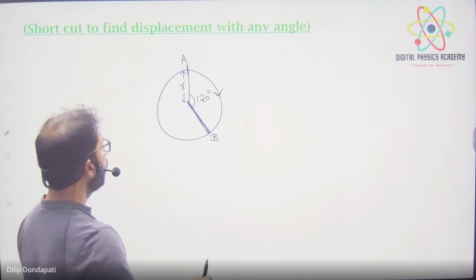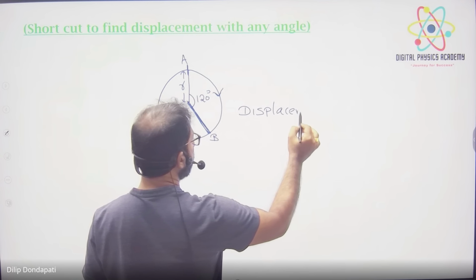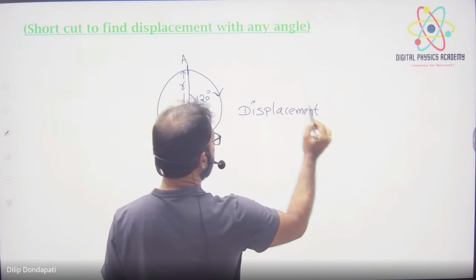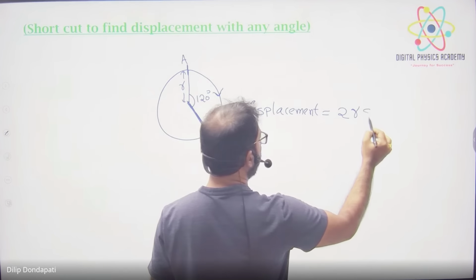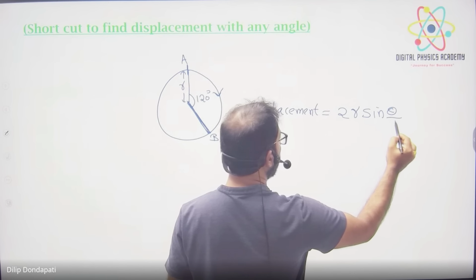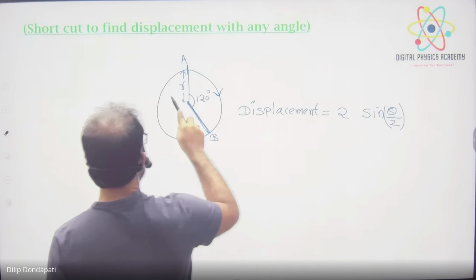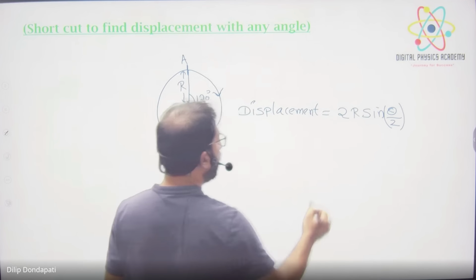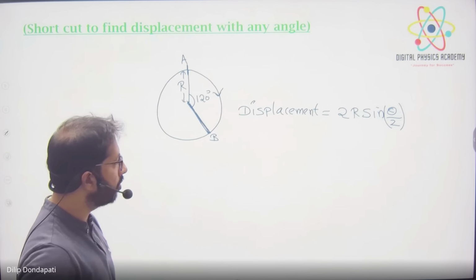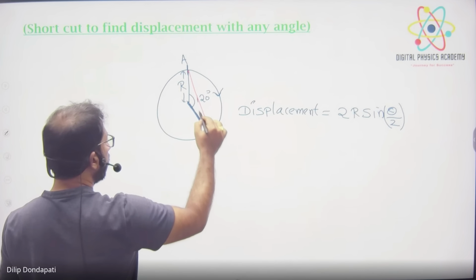So in this case, the displacement formula is 2r sin theta by 2. 2r sin theta by 2 is the formula for displacement at any angle. I want this displacement, the shortest distance from initial position to final position. This one.